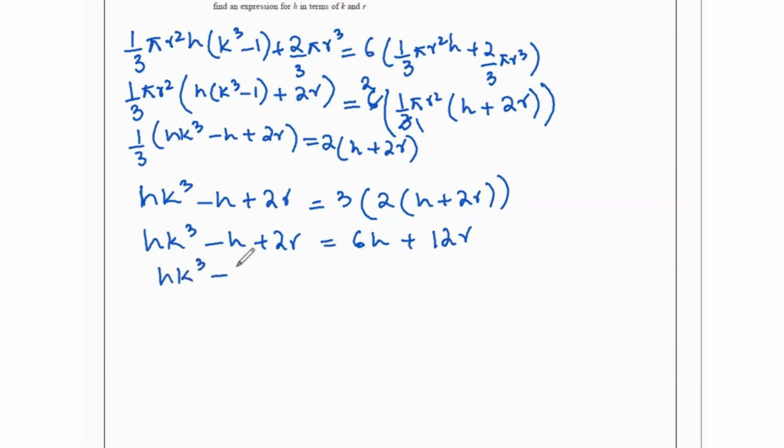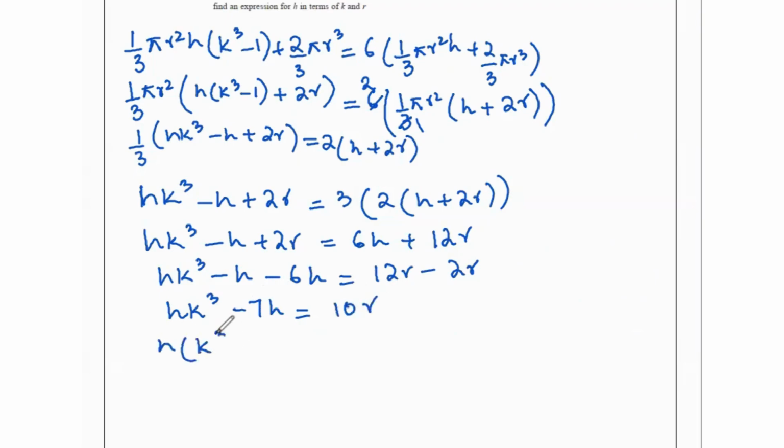So hk cubed minus h minus 6h equals 12r minus 2r. That's hk cubed minus 7h equals 10r. Take h common. That's h times k cubed minus 7 equals 10r. And h equals 10r over k cubed minus 7. That is the expression for h in terms of k and r.